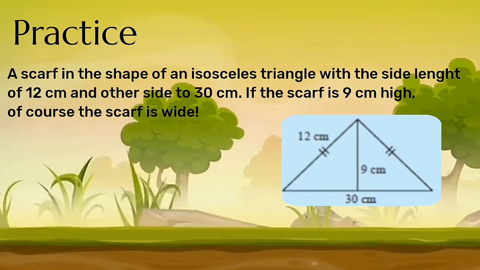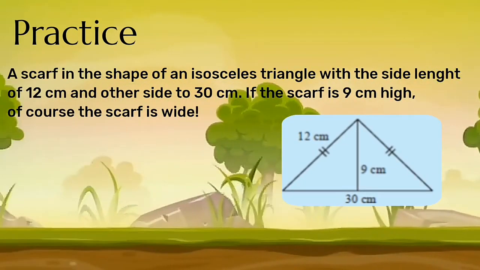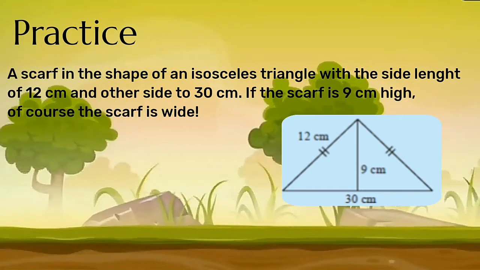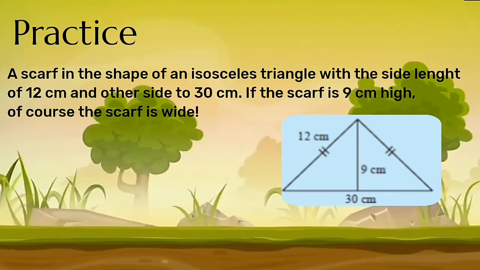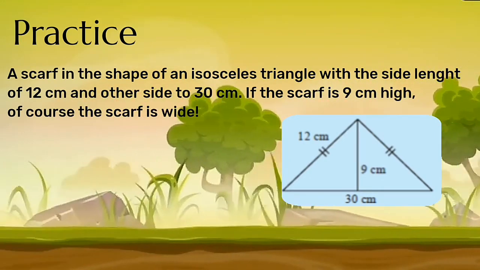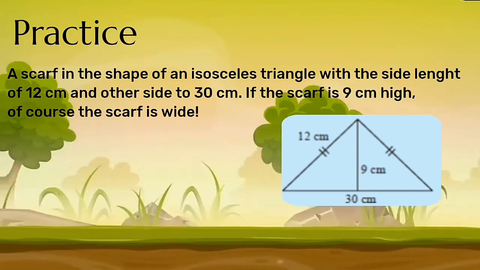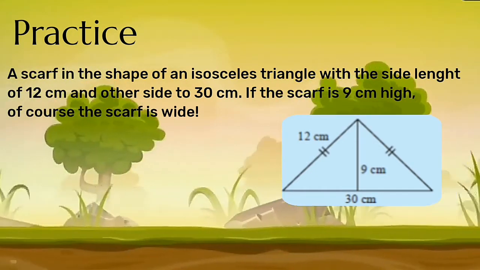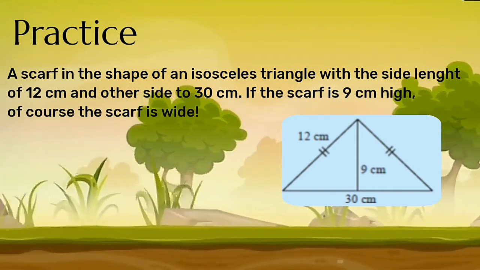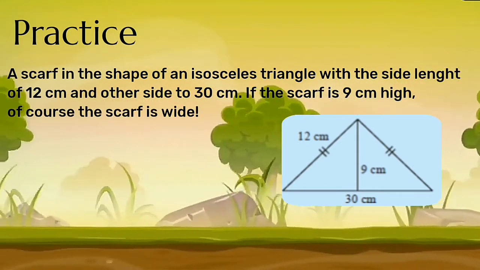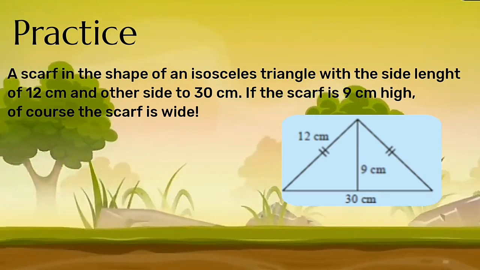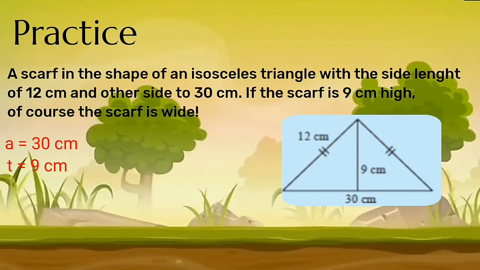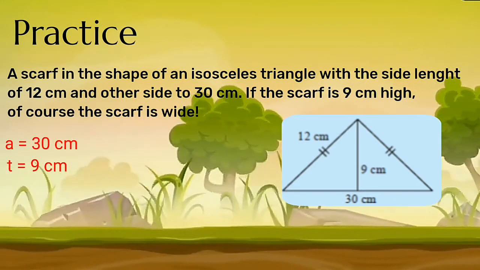Now let's answer together. A scarf in the shape of an isosceles triangle has two equal sides of 12 cm and the other side is 30 cm. If the scarf is 9 cm high, what is the area of the scarf? It is known that A equals 30 cm and T equals 9 cm.